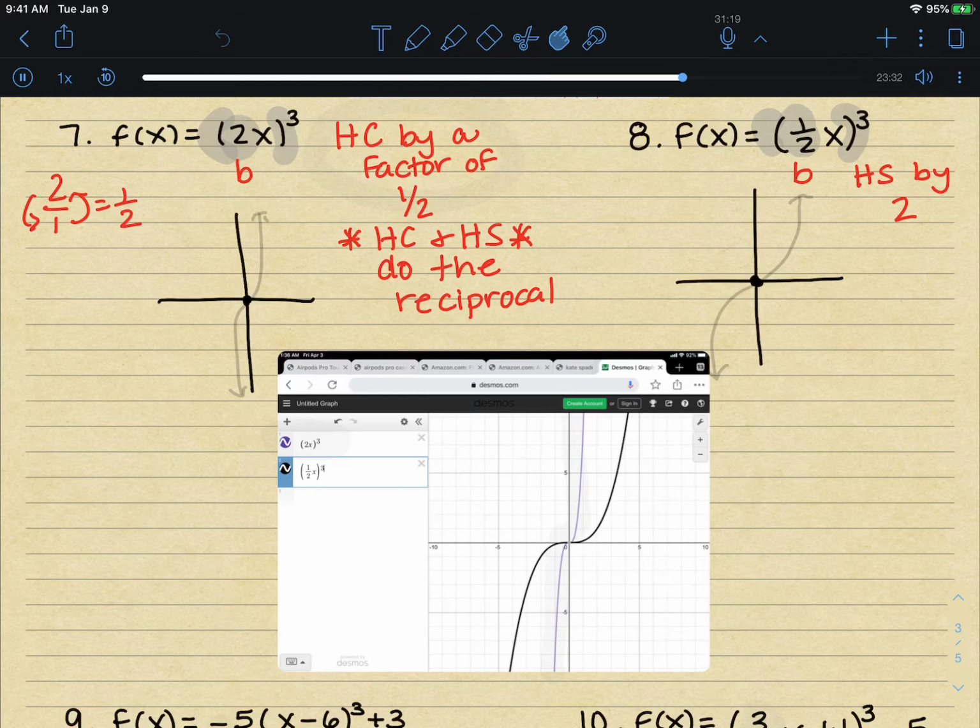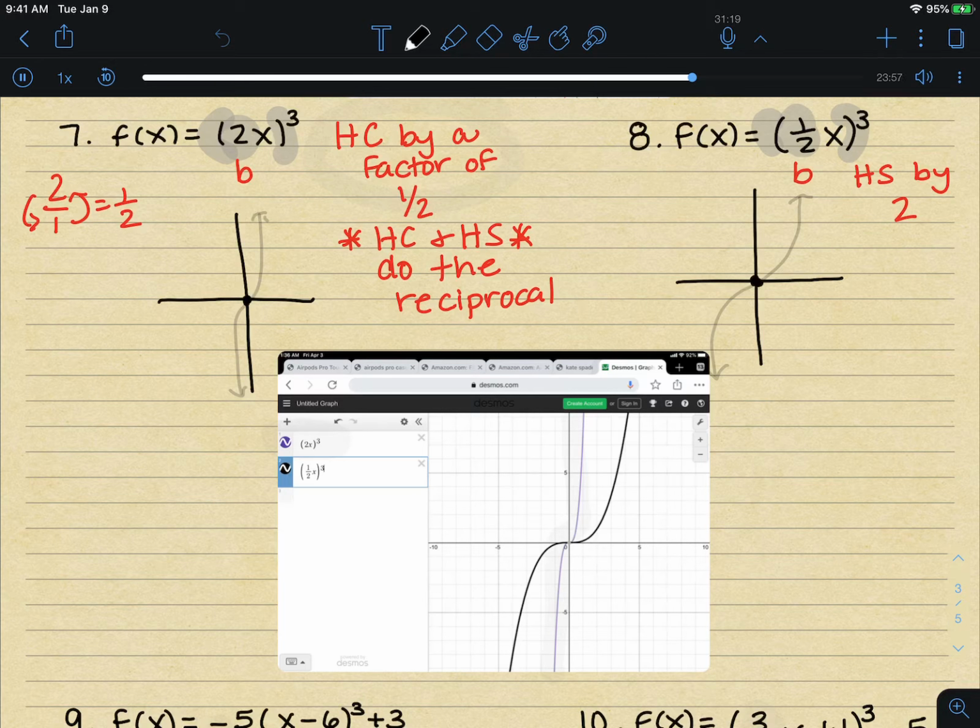Go ahead and copy paste them on here so that way you guys can see a closer, accurate image of what the horizontal and vertical compression and stretching look like. Okay, I went ahead and provided the graphs right here. I know I probably should have chosen a different number, but I went ahead and provided both of the graphs.